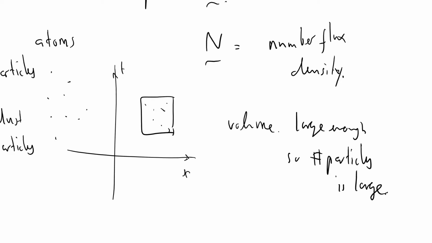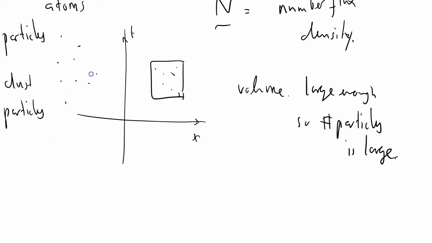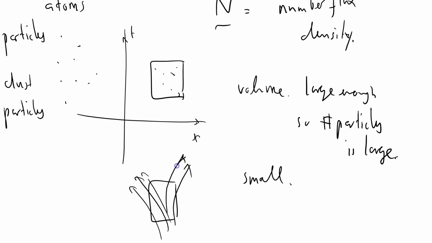I want to apply differential infinitesimal calculus to it. But it's also got to be small, because if I draw a little box and I've got some particles moving leftwards, I don't want the box to be big enough to contain particles moving in different directions. So it's got to be small, because all particles must be moving in the same direction.